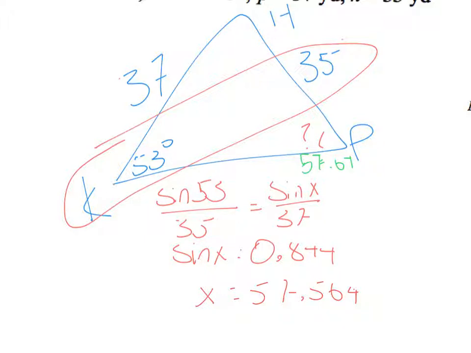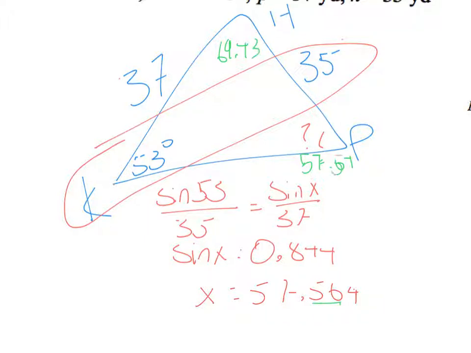Okay. I can then use what I know about triangles, which is that they have to add up to 180. And in figuring this out, this top angle has to be 69.43 degrees. And that's because I can't read my own writing.